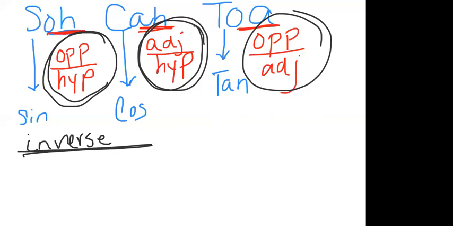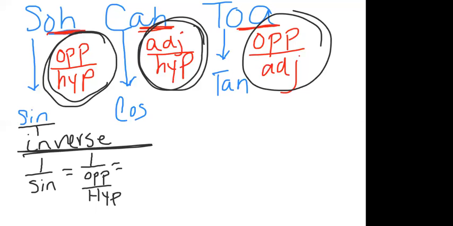The inverse of sine would be 1 over sine, as in you're taking the reciprocal. So remember, if you're writing sine, sine is over 1. If you're doing the inverse of it, you would flip it. Now, 1 over sine, where sine represents the opposite over the hypotenuse. So essentially we have 1 divided by opposite over hypotenuse.